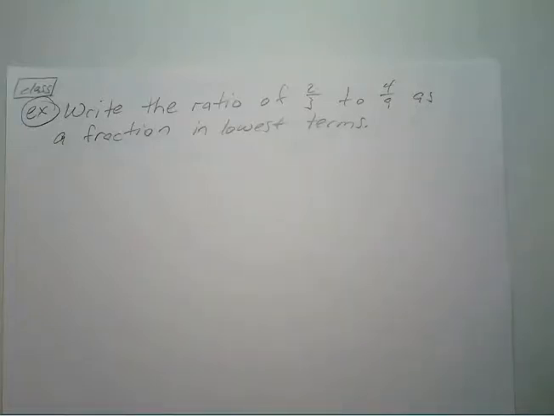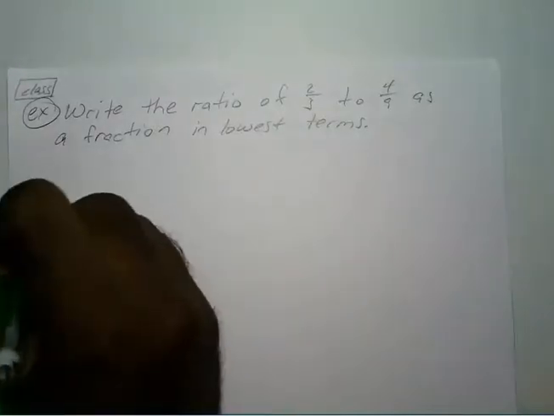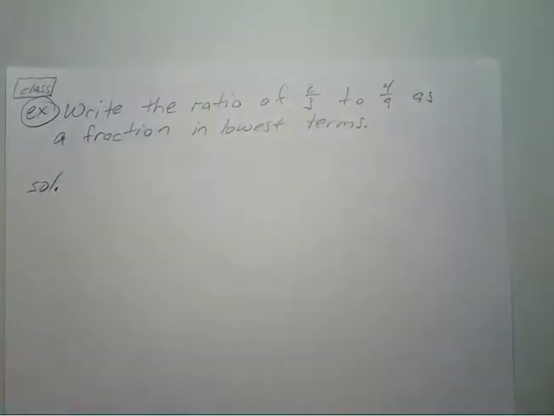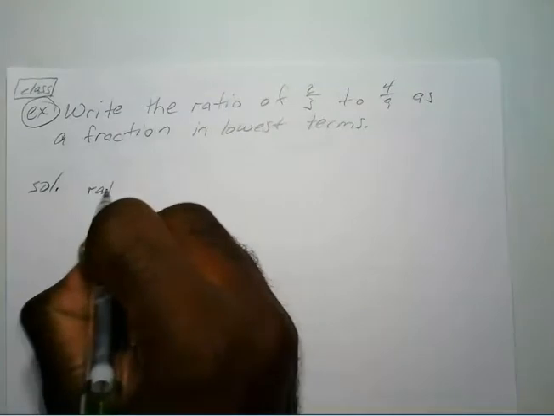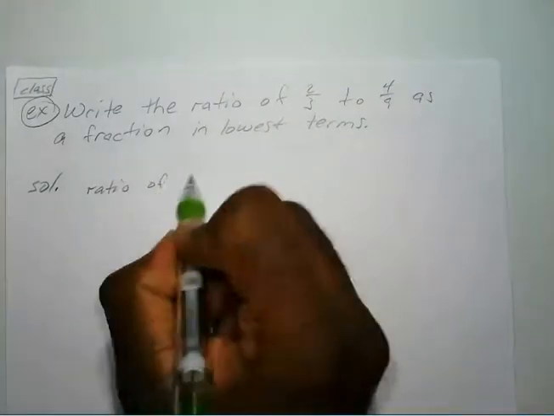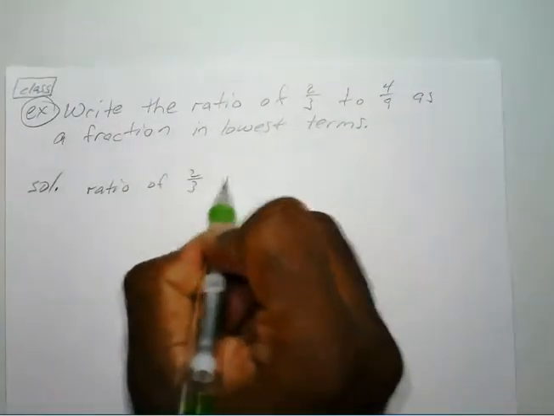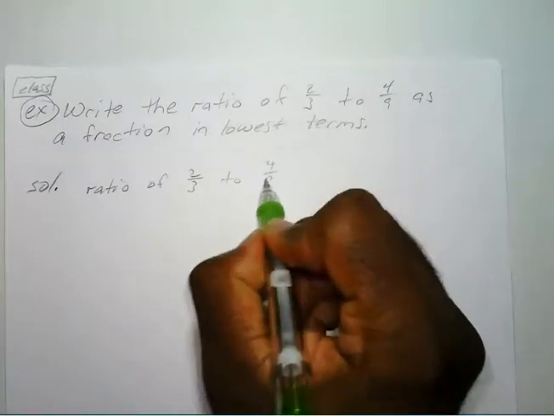All right, so I'm assuming you press pause and work this one out. So let's go ahead and work this one out. All right, now remember what we're looking for is just the ratio of 2/3 to 4/9.